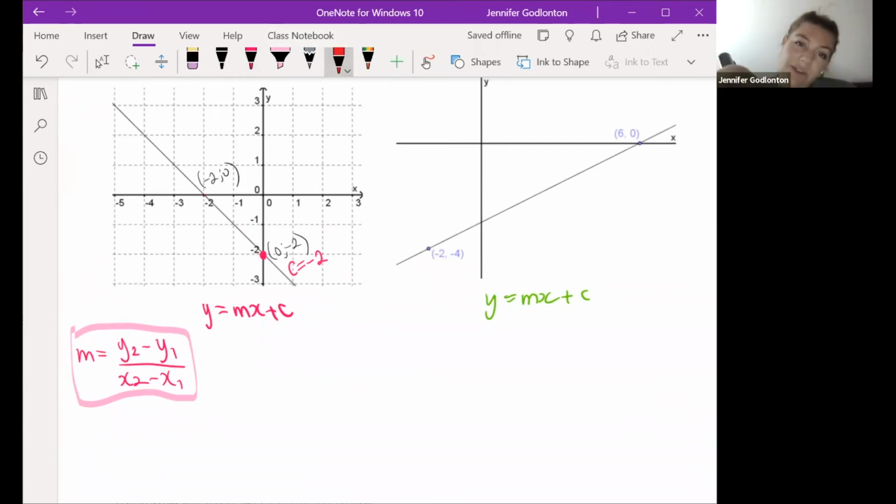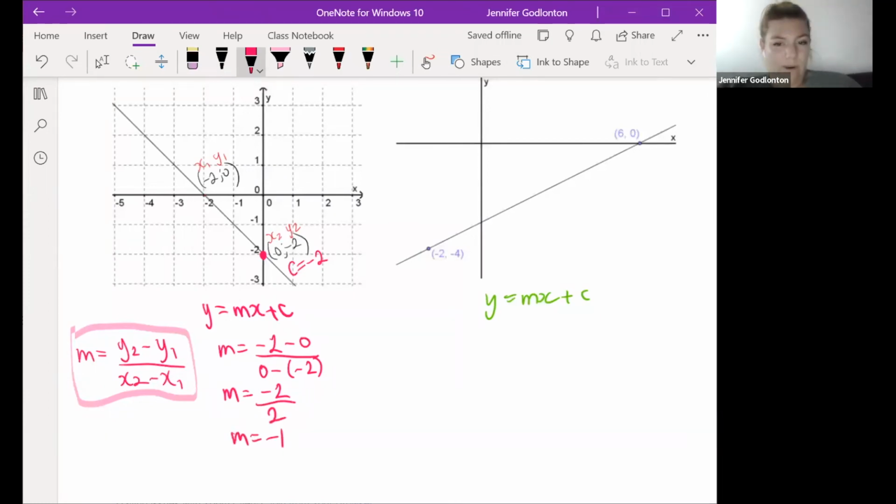I'm going to label this x1, y1, x2, y2. So our gradient is the change of y, -2 minus 0, over our change of x, which is 0 minus -2. -2 minus 0 is just -2. 0 plus 2 is 2. -2 divided by 2 is -1.